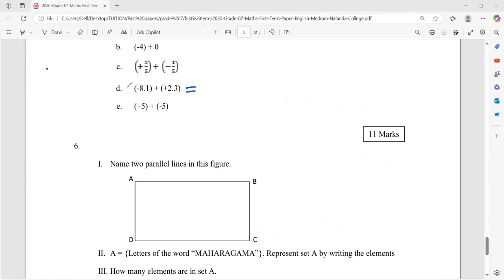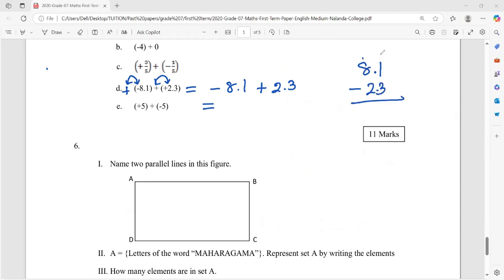So here you have plus here, and then plus into minus is minus 8.1. Here you have plus into plus is plus 2.3, right? And then you have to subtract the smaller magnitude from the larger magnitude. That means 8.1, and you have to subtract 2.3.